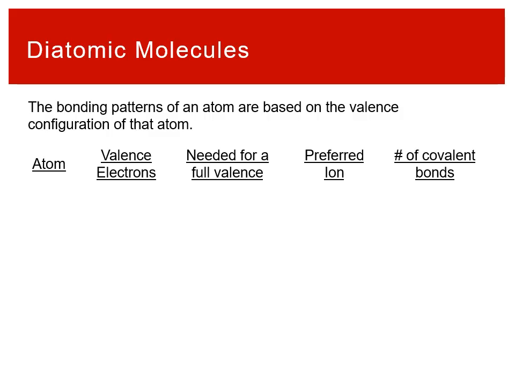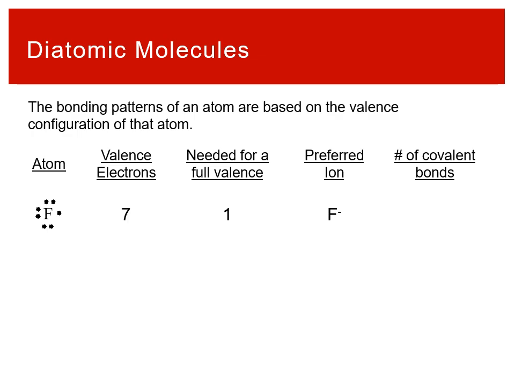All right, so if we're going to put all this together, diatomic molecules, and figure out what's going on here. We started with fluorine, right? And our atomic Lewis symbol has 7 valence electrons. And so we know that for a full valence, this fluorine needs 1 more electron. And so if it was going to form an ion, it formed F-, right? And that was why fluorine always forms F- based on the fact that it has 7 valence electrons.